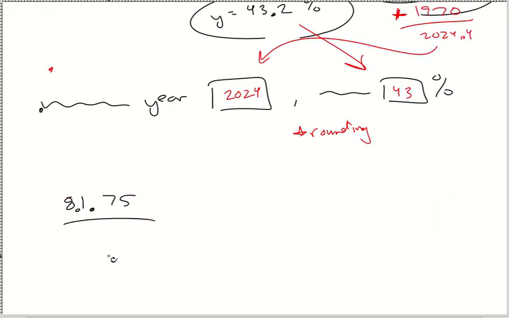8175. So this is kind of like a chemistry problem. 16% alcohol is mixed with 20% alcohol. So this is 2 different solutions.